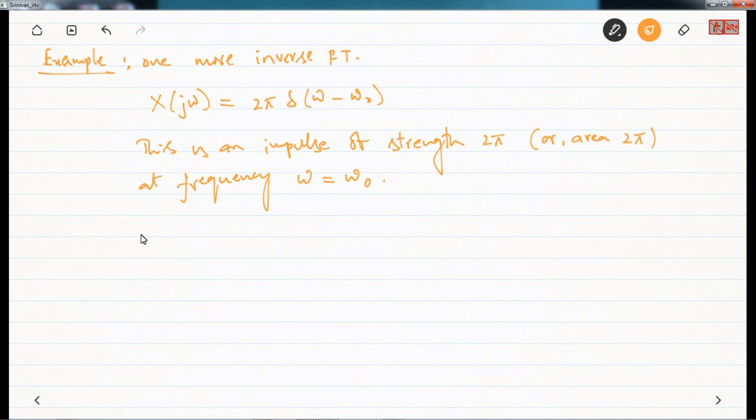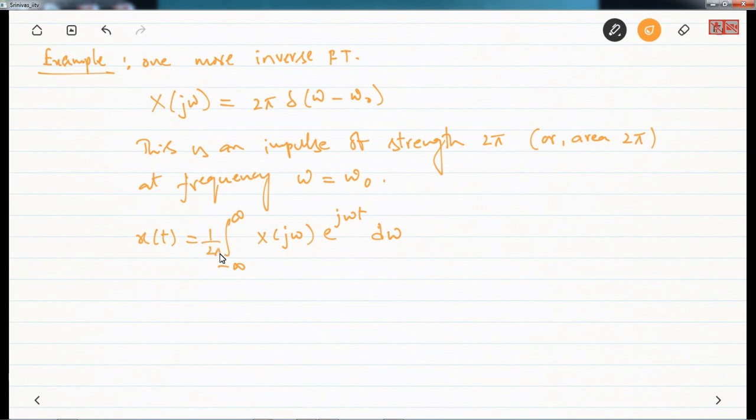So its inverse Fourier transform is x of t equal to the integral from minus infinity to plus infinity of X of j omega e power j omega t d omega.